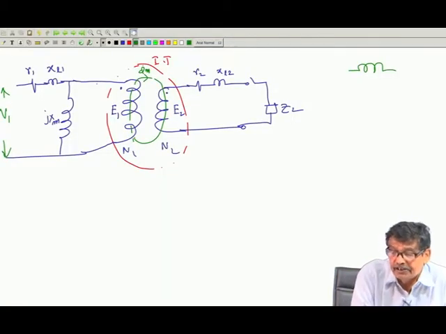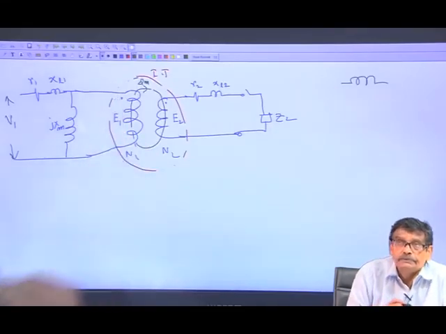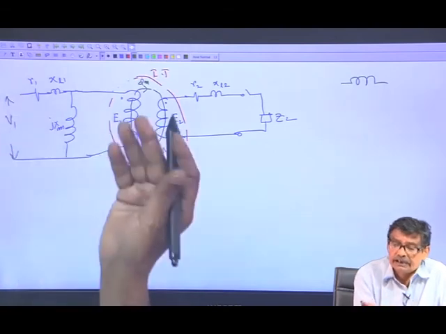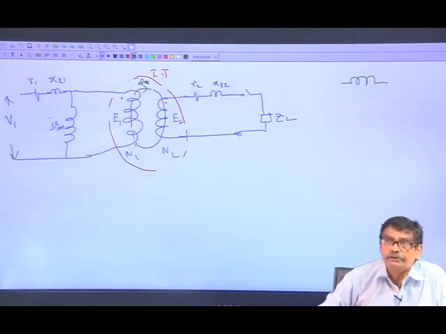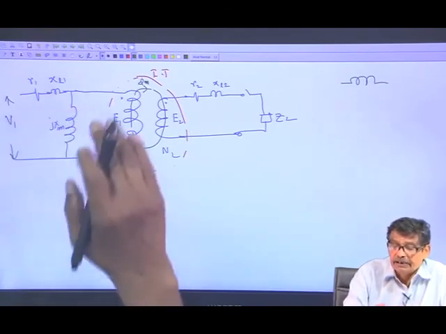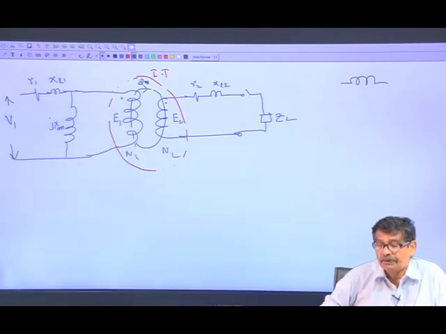Once again, I should not draw the leakage flux here, because the applied voltage will only be consumed in the winding, and it must be in series with the supply lines, J X M, this one.